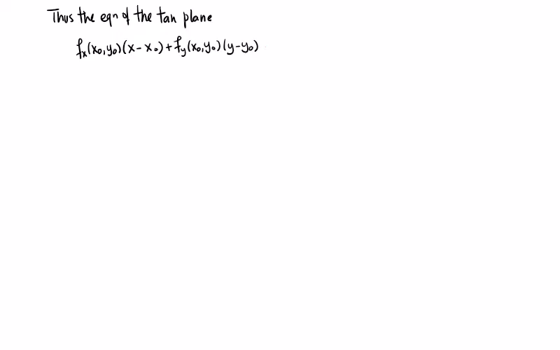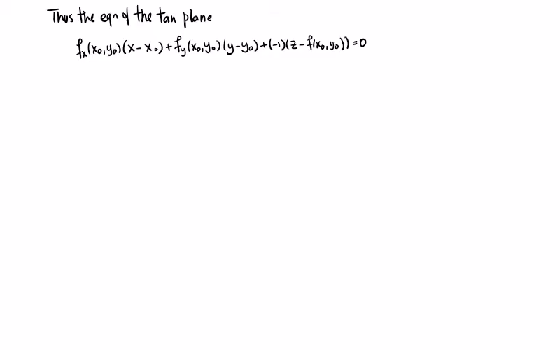And then we had minus 1, so I'll put plus minus 1, and then z minus z0, but z0 was our f of x0, y0. This is all equal to 0.